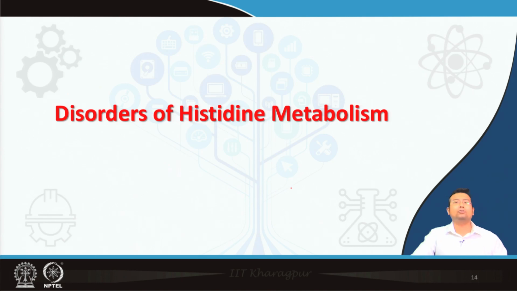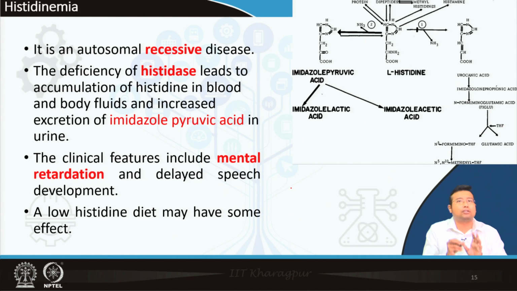Okay. So what are the disorders of histidine metabolism? The first disorder that we need to know is histidinemia, autosomal recessive inheritance, absence of histidase enzyme. So normally what histidase does, it helps in conversion or breaking of histidine to urocanic acid.